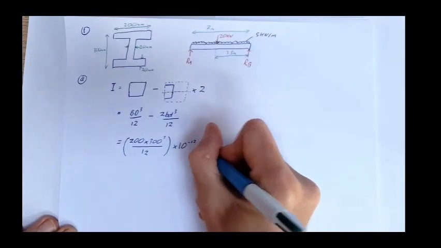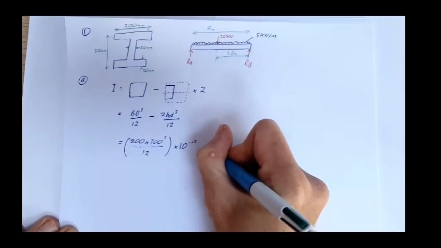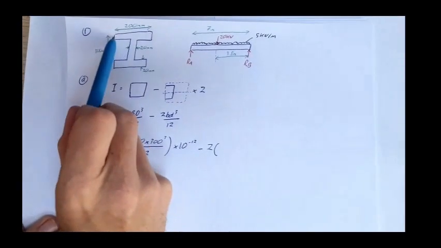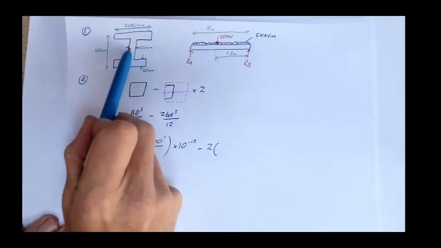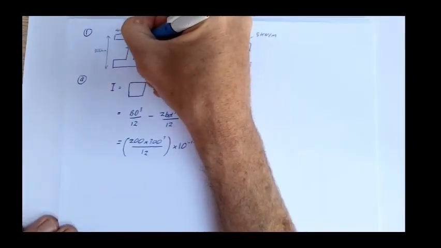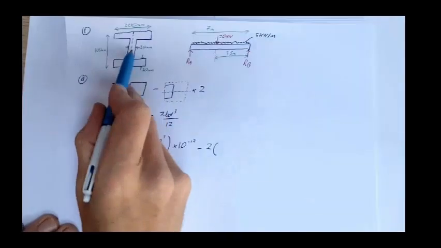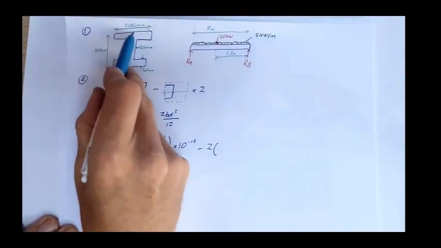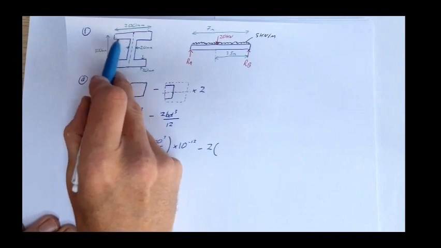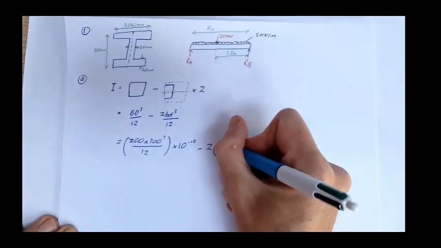And then we're going to subtract 2 lots of the inside section. If that's 200, it's 20 in the middle there. If we consider the halfway point, that bit there is going to be 100 minus 10, so this rectangle is going to be 90 wide.